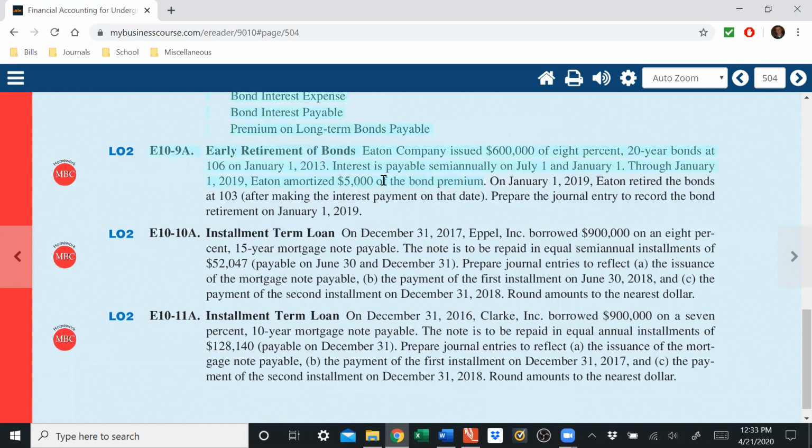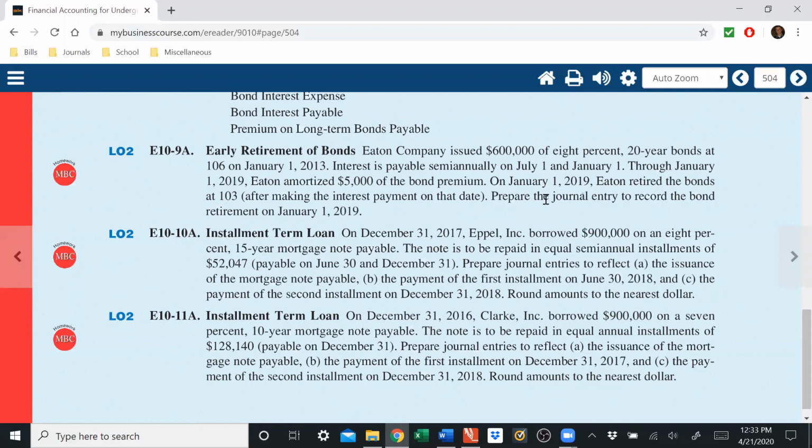We'll talk about what the premium is here in a second. And amortized is another word for reduced. So they've reduced $5,000 of the bond premium. On January 1st, 2019, Eaton retires the bonds at 103 after making the interest payment on that date. Prepare the journal entry to record the bond retirement.